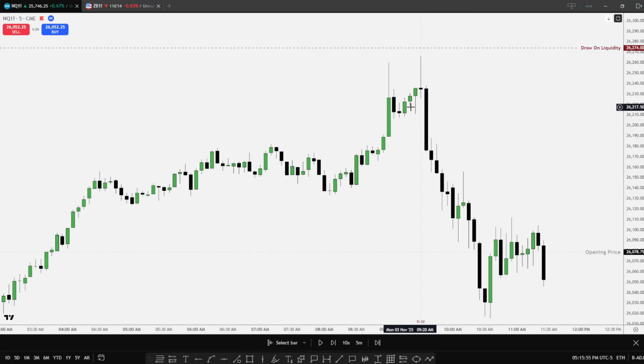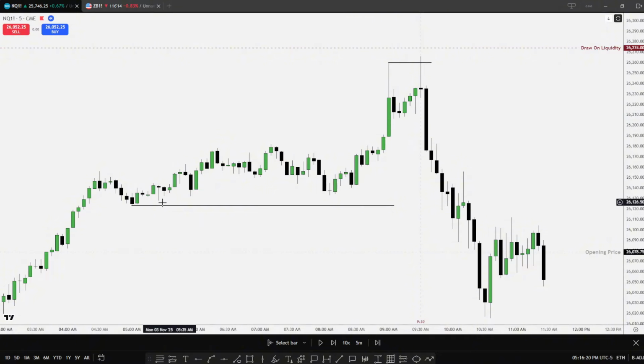I don't trade before that really, and I just focus on the 9:30. As you can see here, we have a sell side liquidity pool to the downside. We are currently above opening price, and we had another run on buy side here. So this is really a premium.